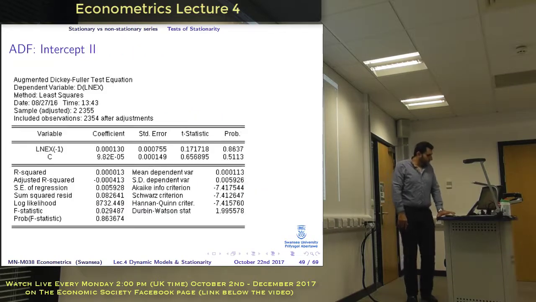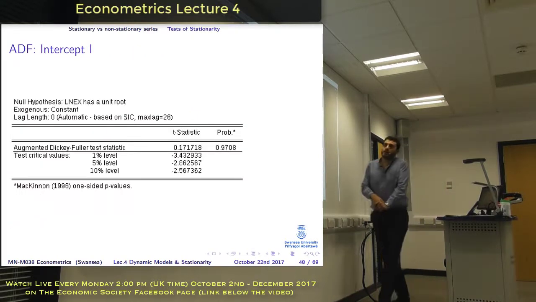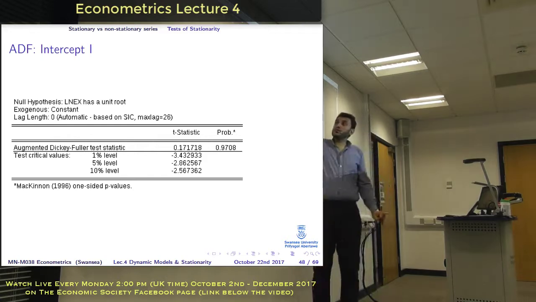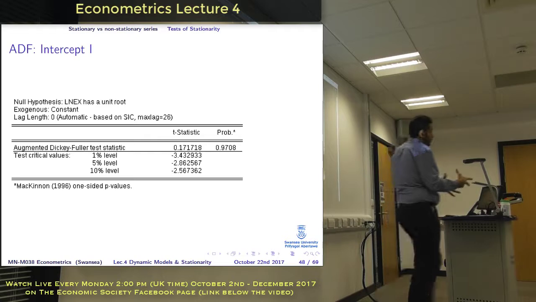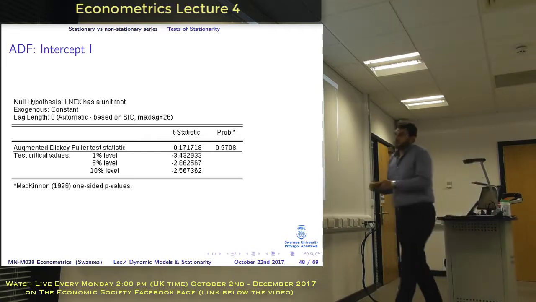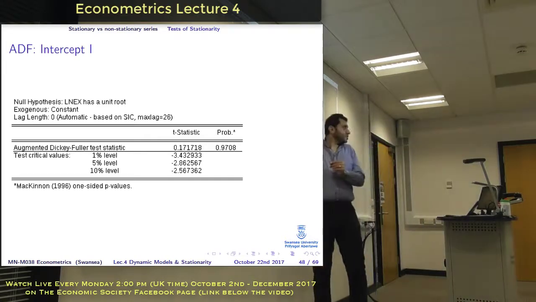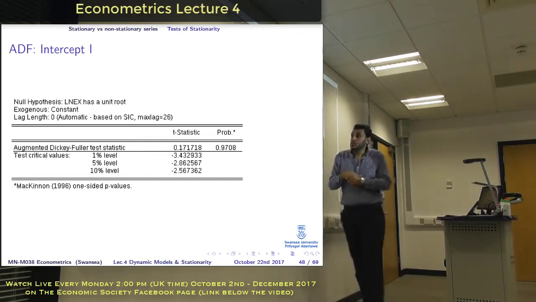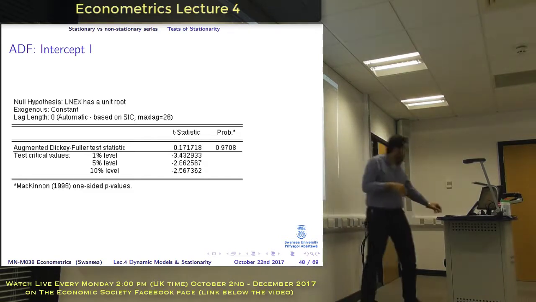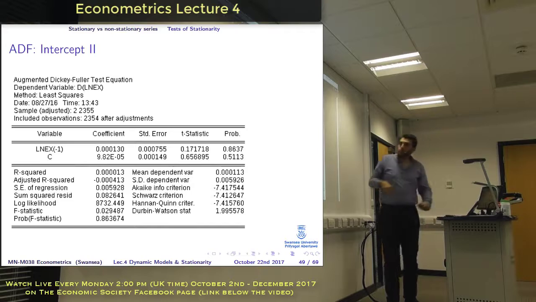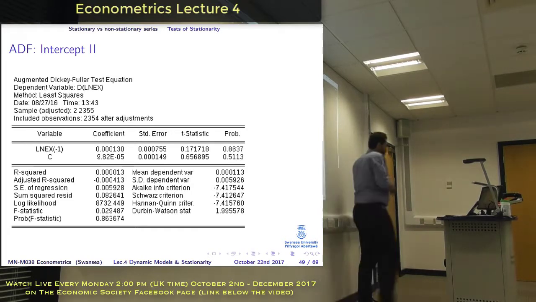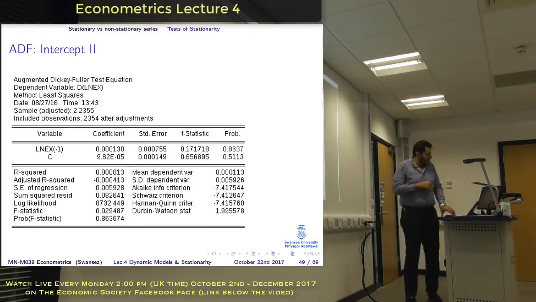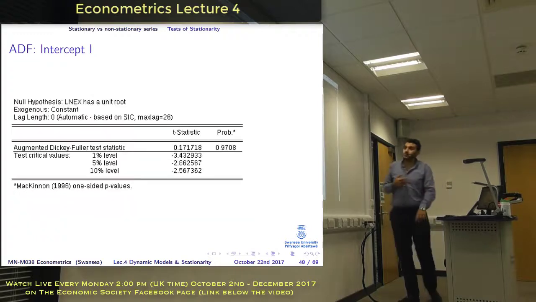So now let's see how to make a decision. As we said, the null hypothesis is that this series has a unit root, meaning that it's not stationary. The exogenous variable here is a constant, which means we had an intercept. Because we can't use the t table or t critical values, EViews provides the values that you need to look at.